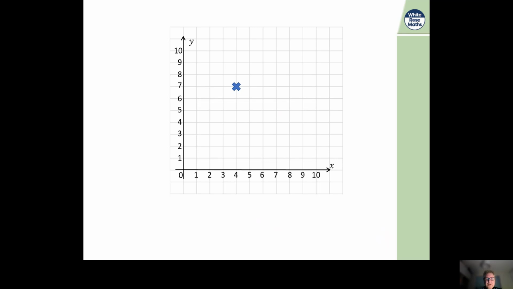There's the point. What's the coordinates? Up here, (4, 7). Now we have a movement. 1, 2, 3. What was the direction? Left or right? We've got another movement. This time it's down.